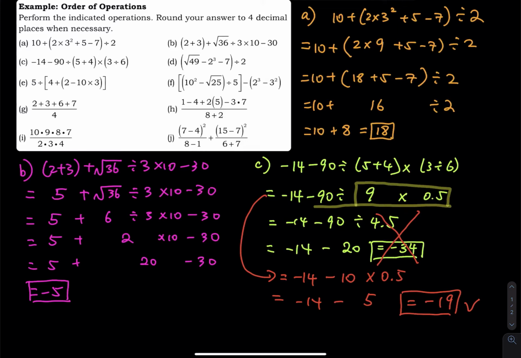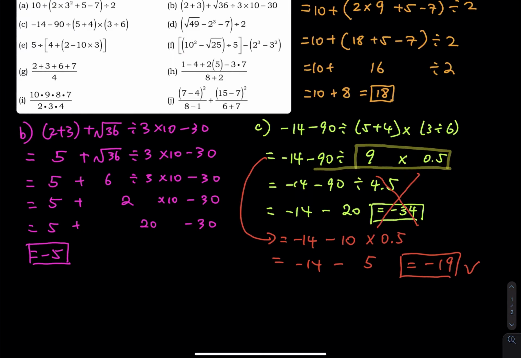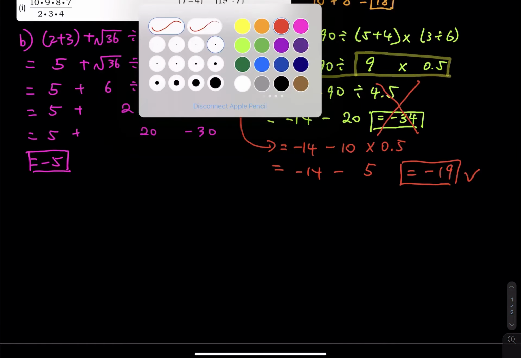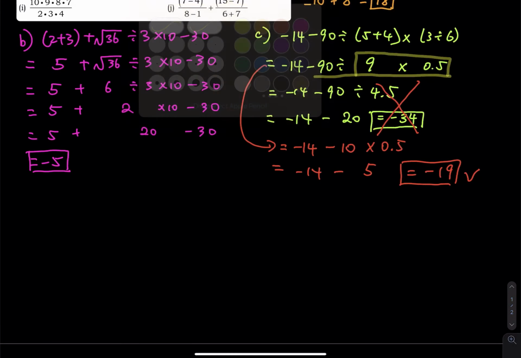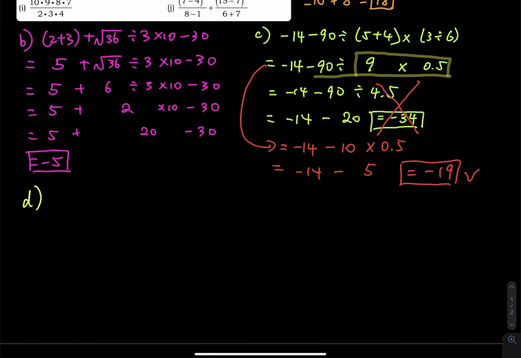All right, moving on to part D. Switch to another color. So part D, let's use yellow. We have the square root of 49 minus 2 to the third minus 7 divided by 2. So first we take care of the square root of 49, that is equals to 7.